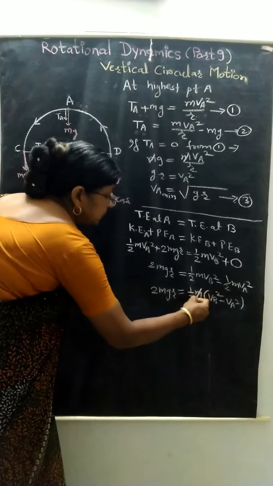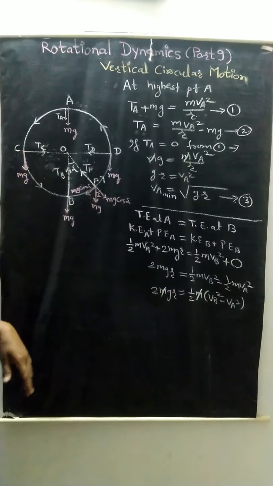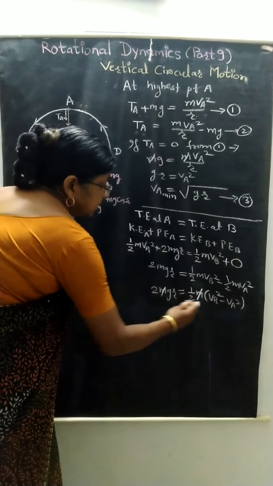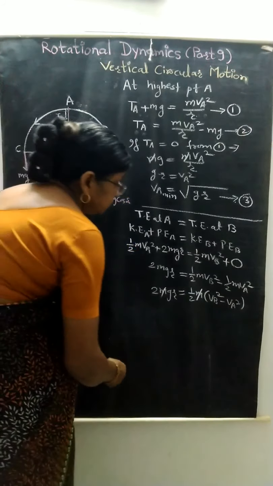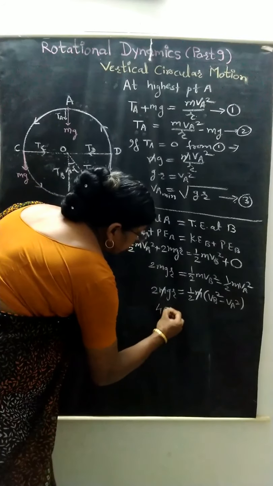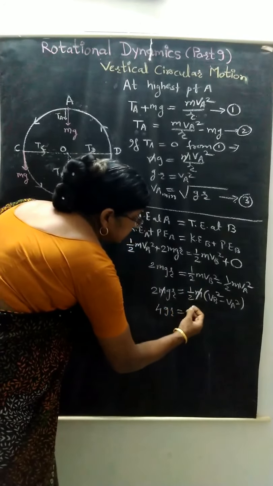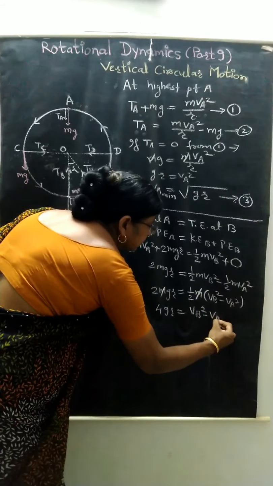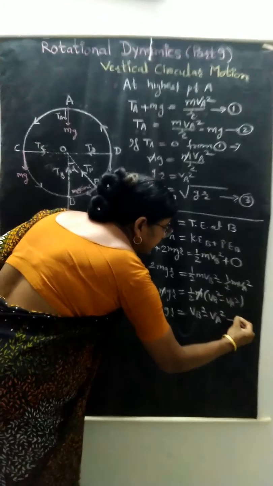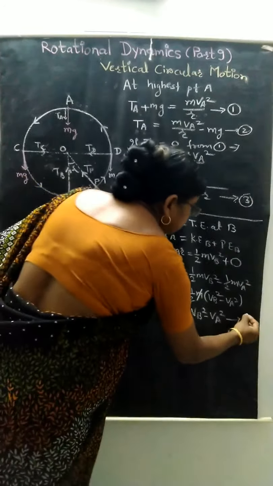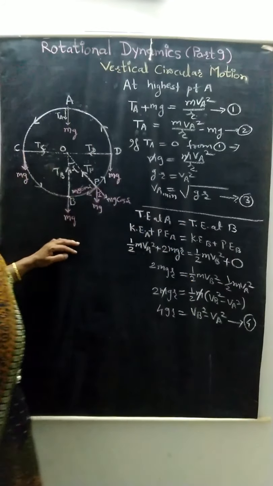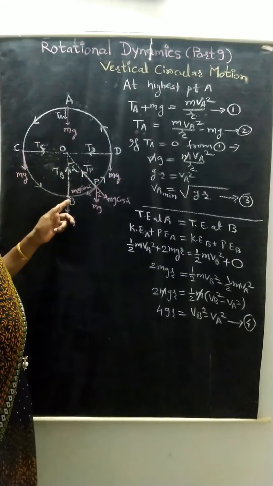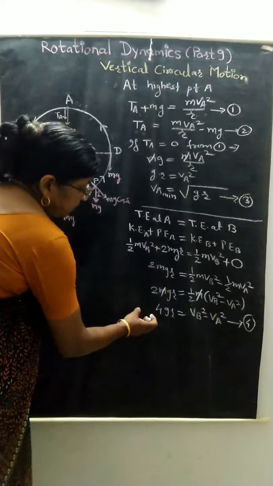M is on both the sides of the equation, so it will cancel. So equation is now multiplied by 2 to obtain 2gr is equal to Vb square minus Va square. This is one of the important equations which will help us when we calculate the difference in the tension at bottom point and at the top point.